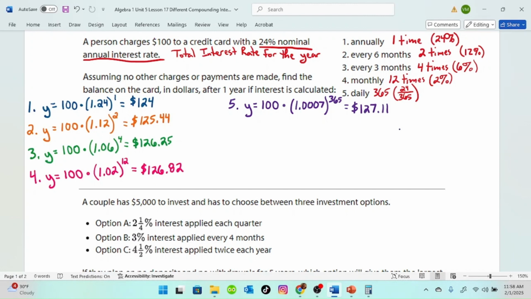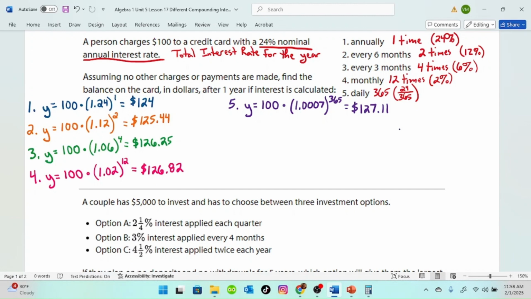So if they just charged once per year, then you would owe them $124. But usually a credit card company charges you monthly. That would make them an extra $2.82. And if they did it daily, they would actually make an extra $3.11 off of you.